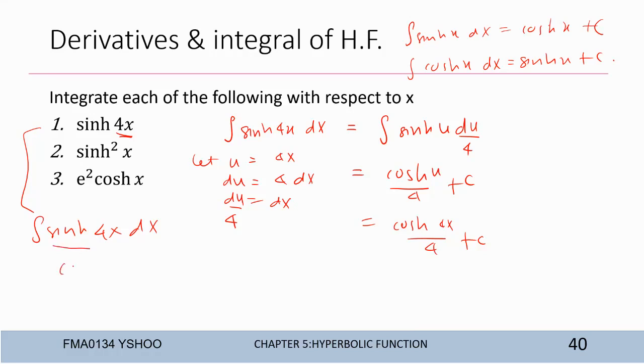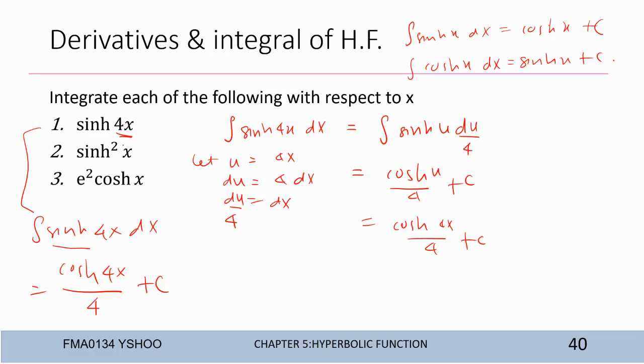The sine here is going to give me cos 4x, but because this is 4x, I'm going to divide by 4, because integral is always the reverse of differentiation. Differentiate means multiplied by 4, integral is divided by 4.